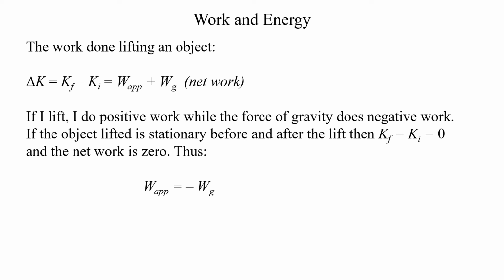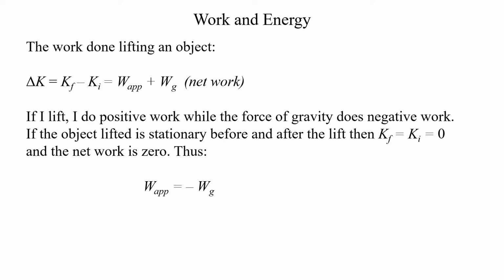So if I lift, I do positive work because I'm applying a force upward and I move the thing upward, so the displacement is also upward. They're both in the same direction, and so I'm doing positive work. But the gravitational force is in the opposite direction of the displacement, so the gravitational force is doing negative work.